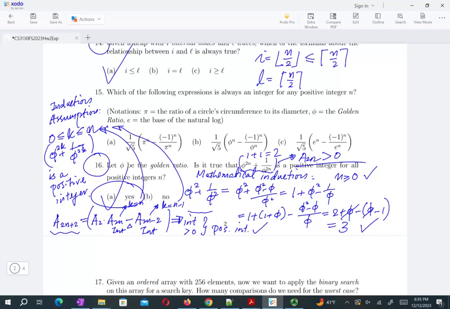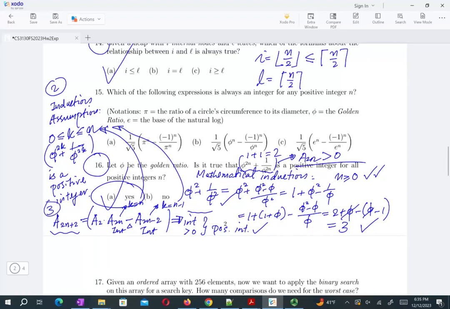The first step, verify the base cases. Here we verify 2 base cases, n equals 0, n equals 1. Second, induction assumption. Step 2, induction assumption.